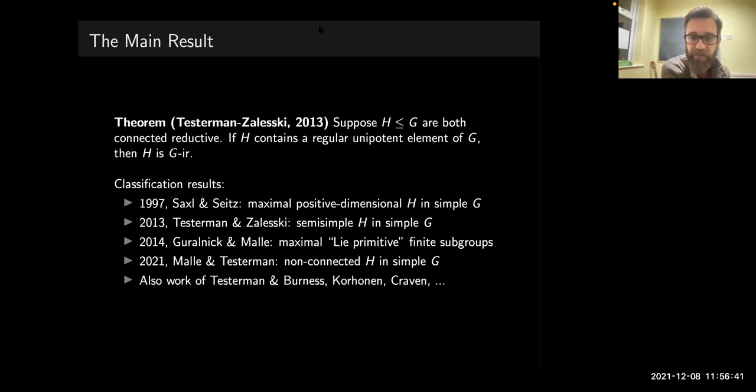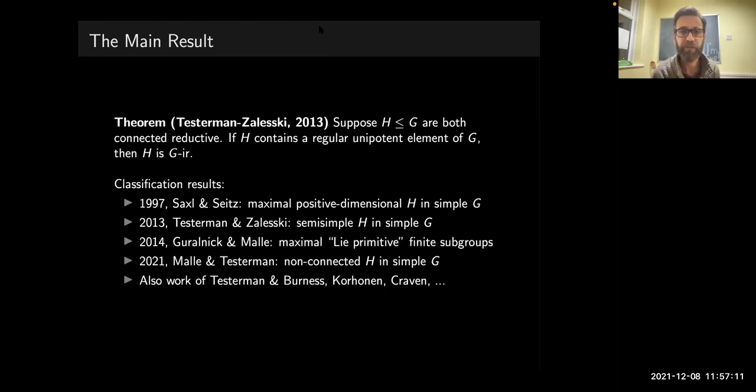Gerhard and Mahler started thinking about finite subgroups with this property. This year, Mahler and Testerman looked at non-connected subgroups in simple G, and plenty of other people have worked on this. But it seemed to us that such a nice, pretty, uniform result like this should have a uniform proof. So that's what I want to show you.